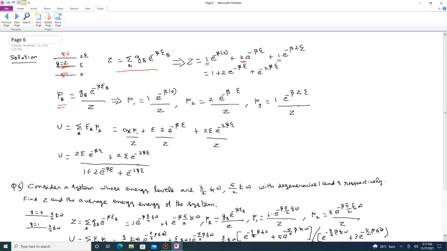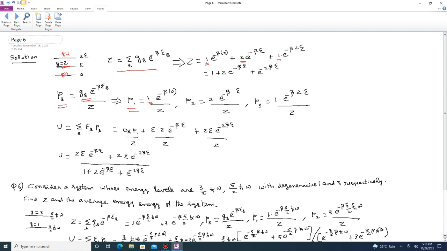Then let us calculate the probability. So P_s is equal to g_s e^(-beta E_s) whole divided by Z. From this let us first calculate P1. For P1, here you have to use g1, the multiplicity of the level, which is 1.